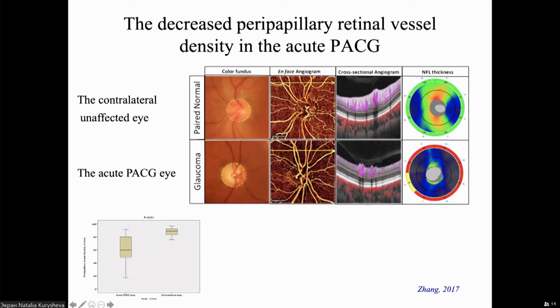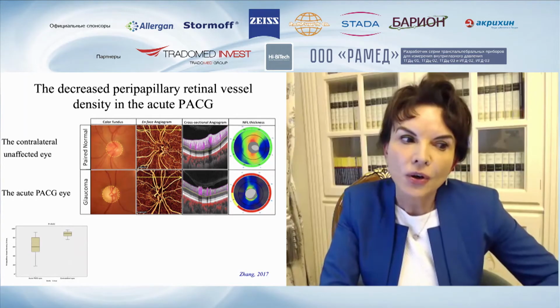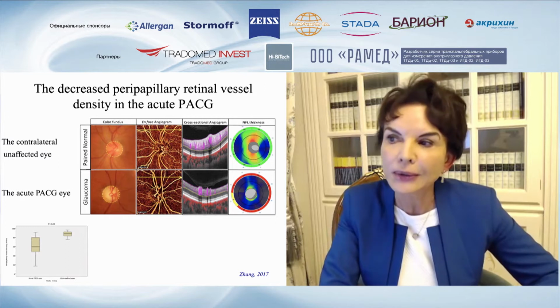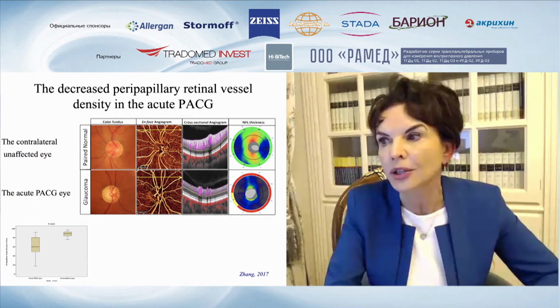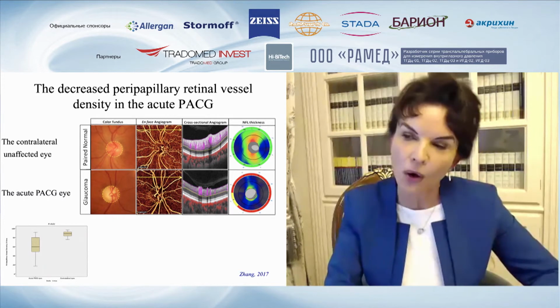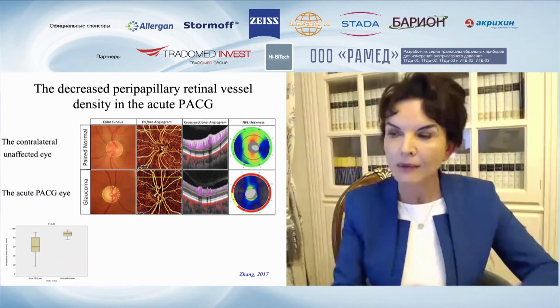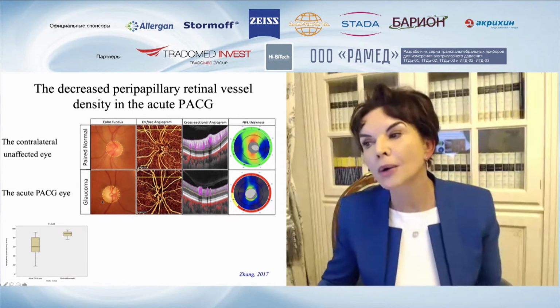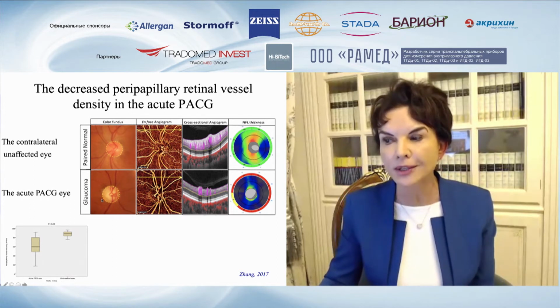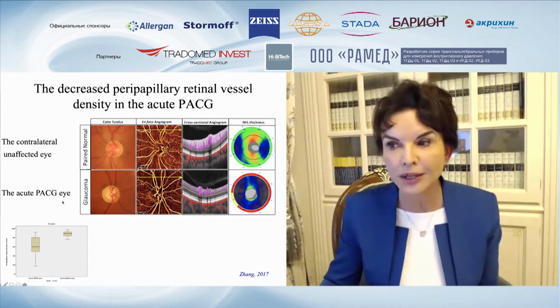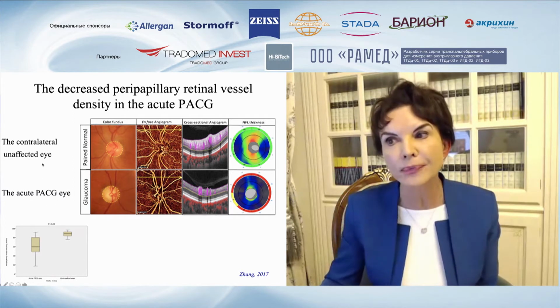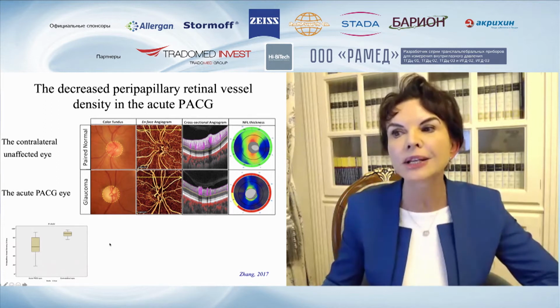Interestingly, the attention to optic nerve head in primary angle closure glaucoma has increased due to the introduction of OCT and especially OCT angiography. The authors have reported a significant dropout of vessel density in peripapillary retina after the acute attack of primary angle closure compared to the contralateral unaffected eye.